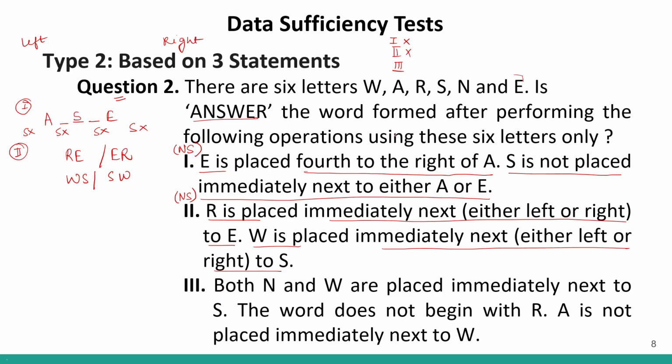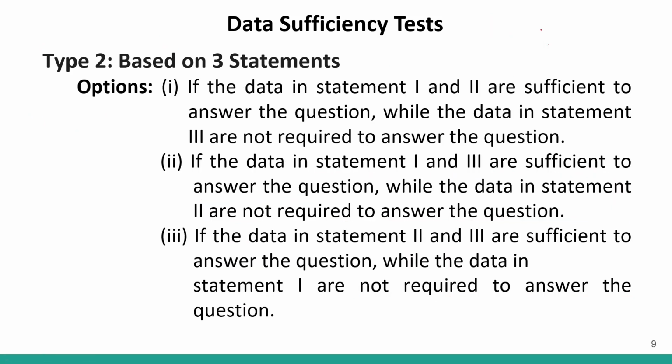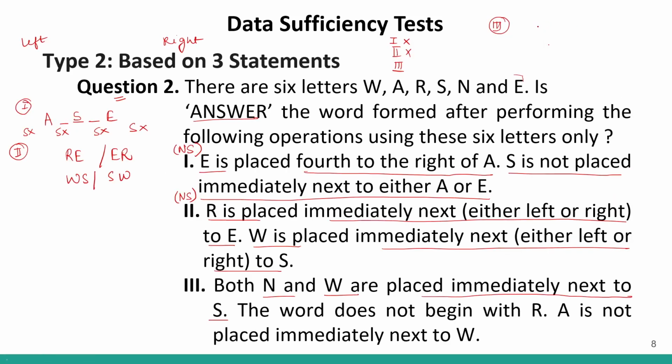Statement 3 says, I am writing the data over here for statement 3. Statement 3 says both N and W are placed immediately next to S. So we have either NSW or we have WSN, because N and W are placed next to S. Correct?